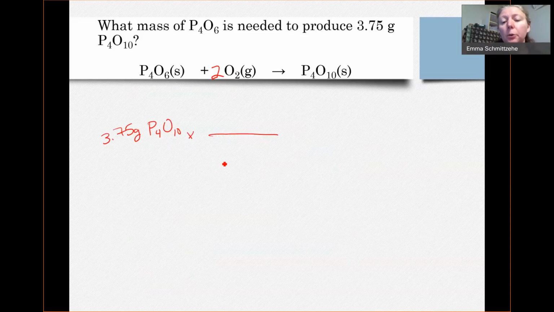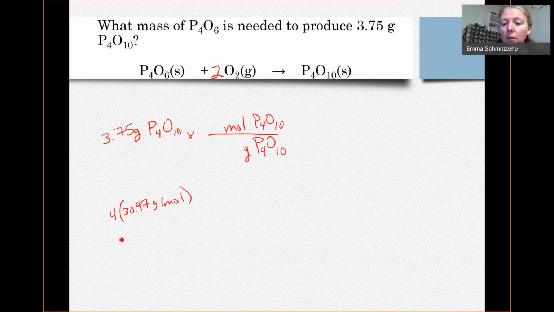Okay, so I'm going to put grams P4O10 on the bottom, and I'm going to put moles of P4O10 on top. And so I need to add up that molar mass. So 4 times 30.97 grams per mole plus 10 times 16.00 grams per mole.